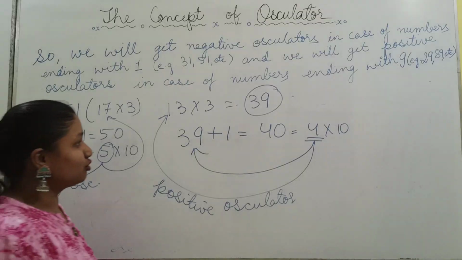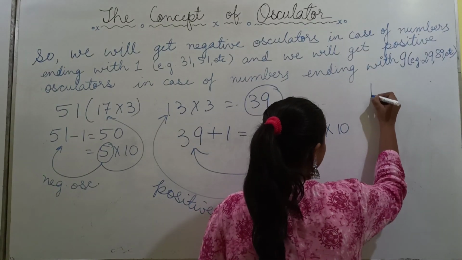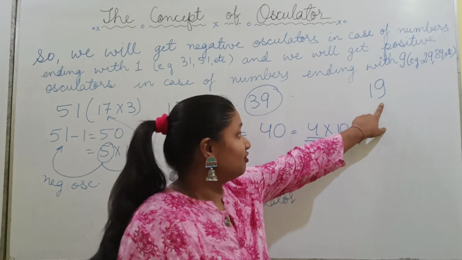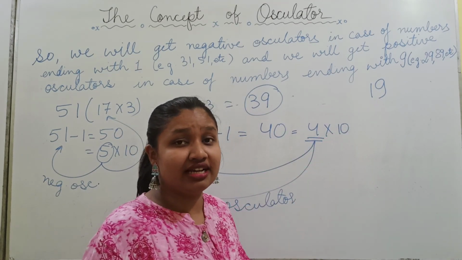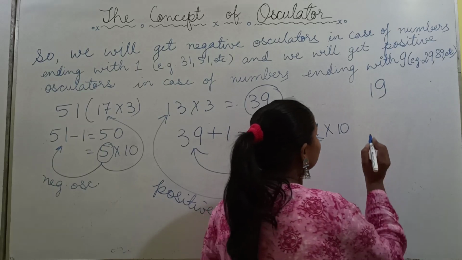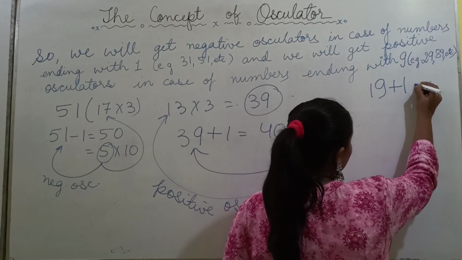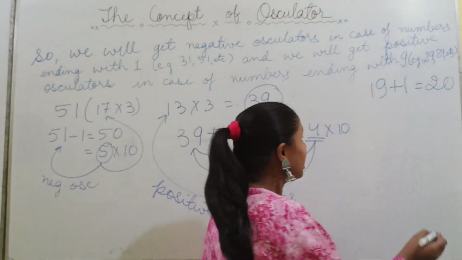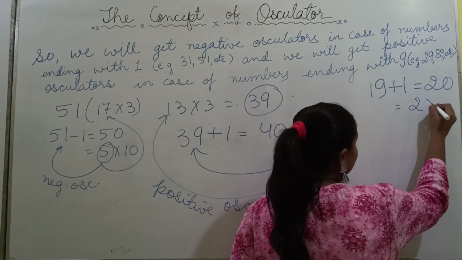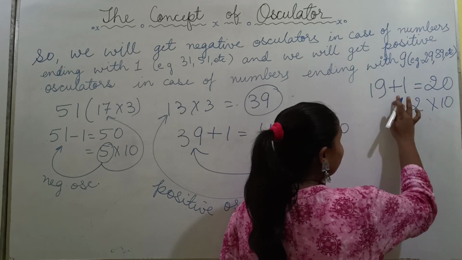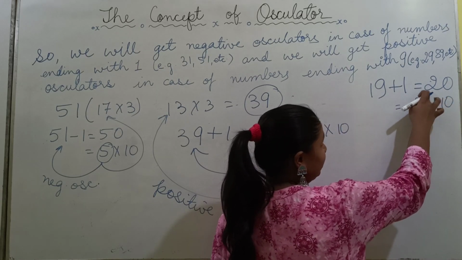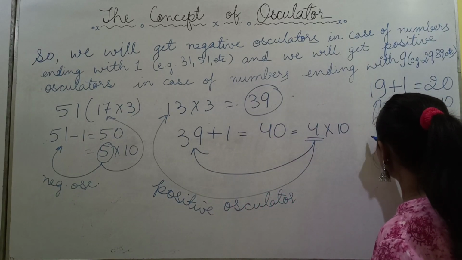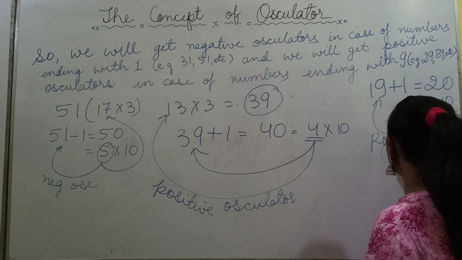Also in case of 19, since this ends in 9 itself, we don't have to find the smallest multiple. We just have to add 1 and we will get a multiple of 10, which is 20, and 20 equals 2 into 10, and since we got the multiple of 10 by adding 1, so 2 is the positive osculator of 19.